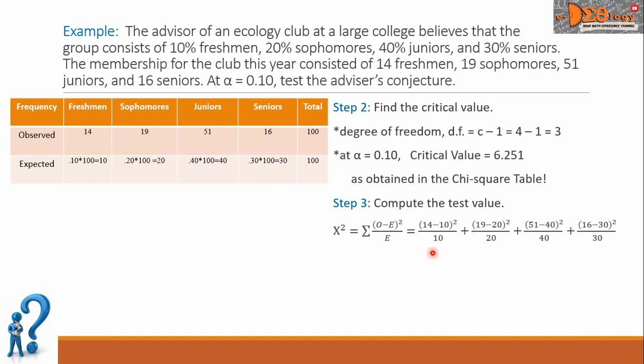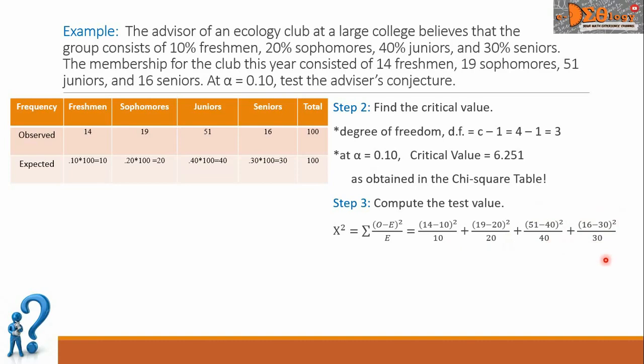Now, let us use this formula to compute the chi-square value. We have the first fraction as 14 minus 10, the quantity squared, over 10, plus the second fraction 19 minus 20, the quantity squared, over 20, plus the third fraction 51 minus 40, the quantity squared, over 40, plus the last fraction 16 minus 30, the quantity squared, over 30.